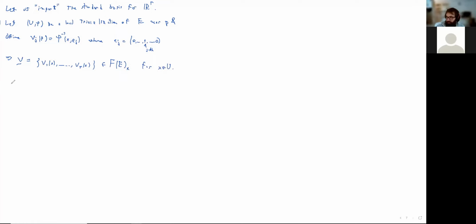And furthermore, if we take another one, so let's say if we take U in F(E)_X, there exists a unique element A of GL(R, R) such that U is A transpose V. And in particular, this gives us that the pi inverse of a point is diffeomorphic to GL(R, R).